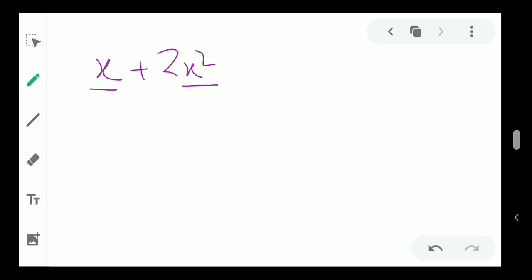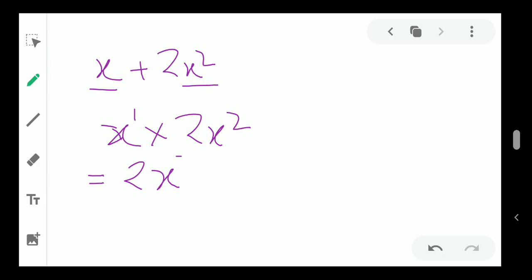You cannot add them. But if you want to multiply x and x square, you can do so. In that case you will be having x cube. Why? Because when multiplication is happening, the powers add up. But you cannot add them.